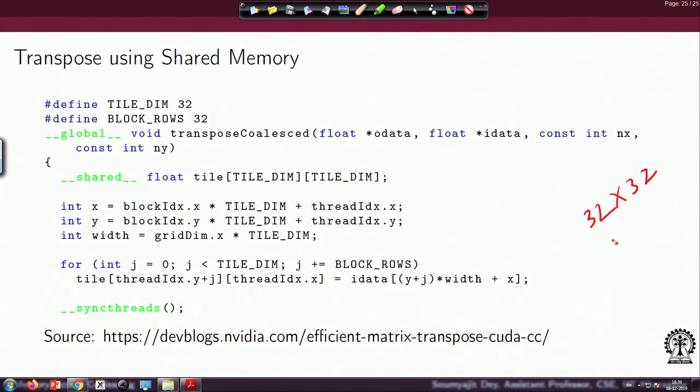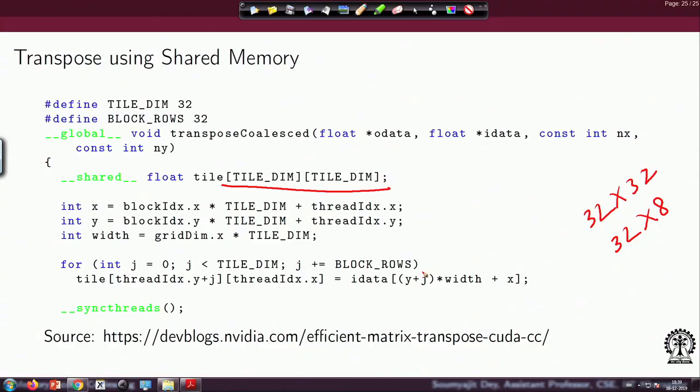but you define blocks of size 32 cross 8. So essentially you have each thread working on 4 consecutive locations or 4 specific locations in a tile of data. So then your data space size remains the bigger 32 cross 32, but you use 4 times fewer threads for doing the operation, right. Now, if we are doing that, then the loops will actually be useful.